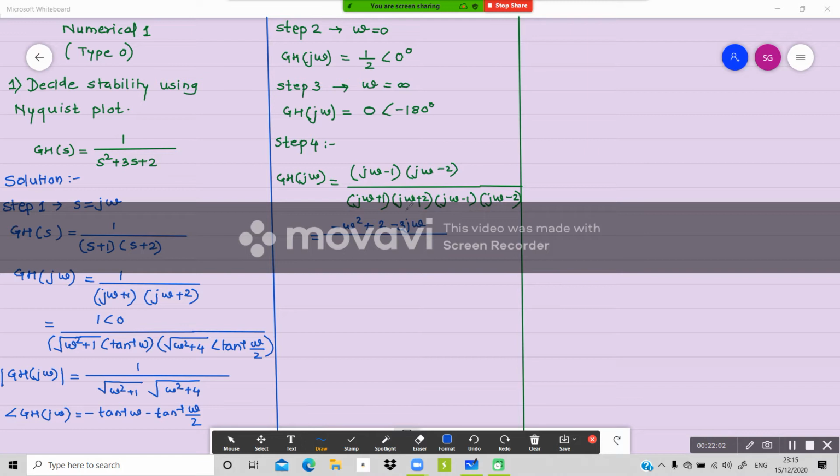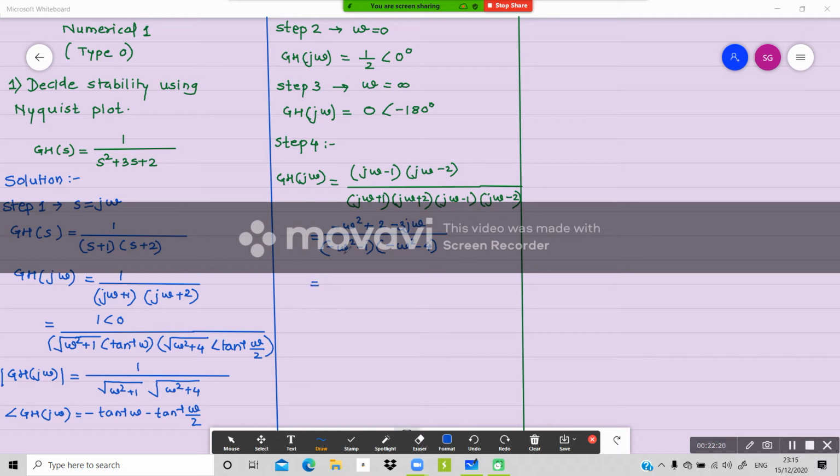the multiplication of two complex conjugates, so it is going to be (ω² + 1)(ω² + 4).